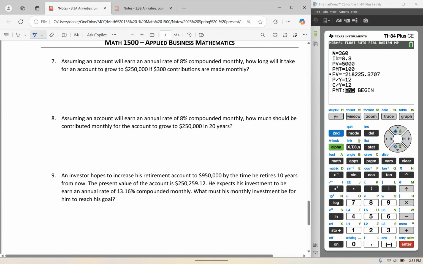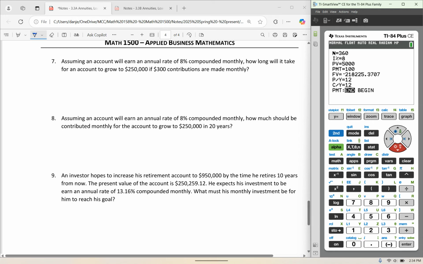A couple more examples. And these are independent of the ones we've looked at so far, but assuming an account will earn an annual rate of 8% interest compounded monthly. So we're going to earn 8% interest compounded monthly, so my C/Y remains unchanged. How long will it take? So it's the N I'm going to solve for for an account to grow to $250,000 if $300 contributions are made monthly.